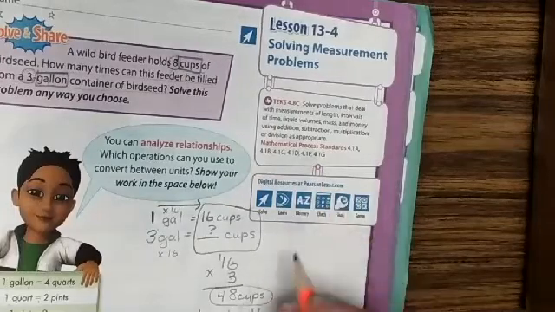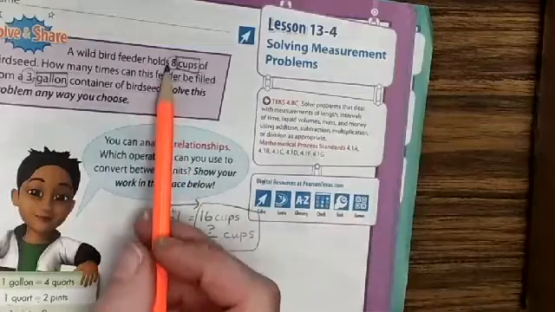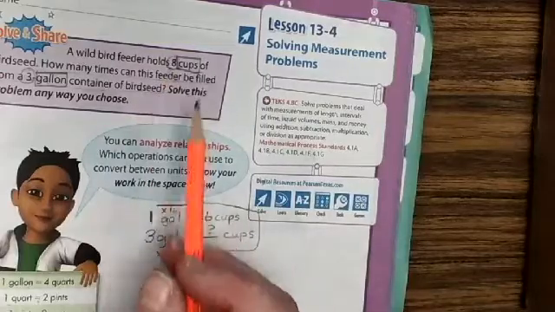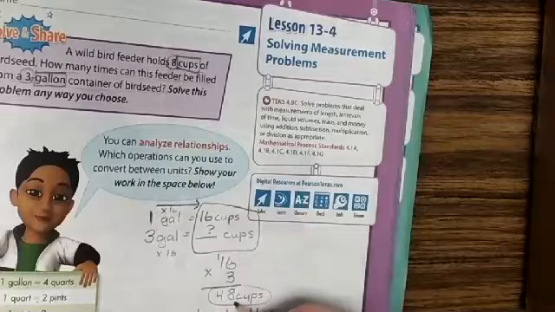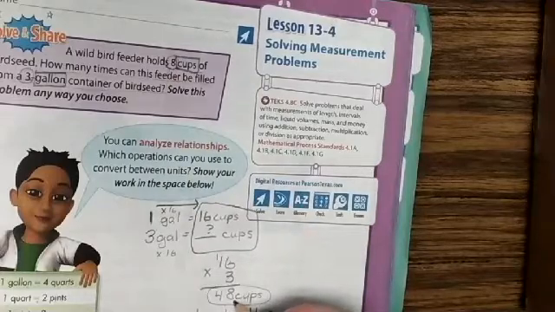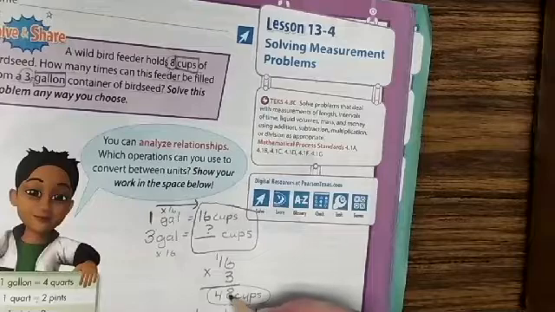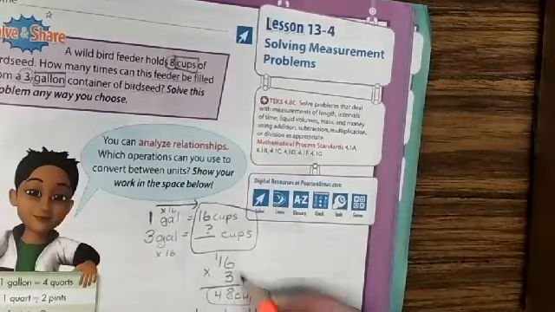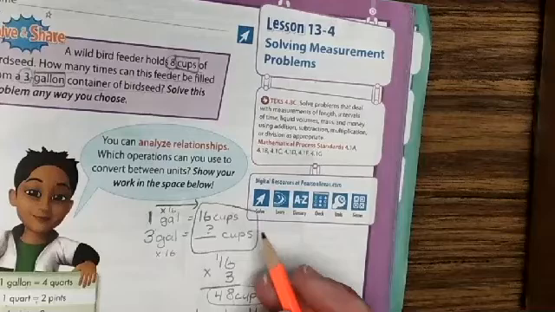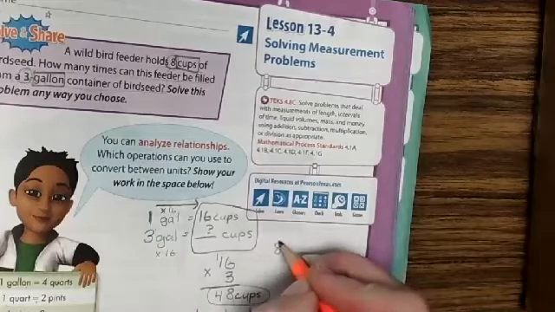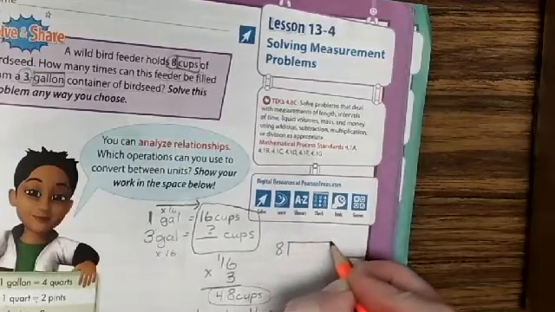I now see that we have 48 cups, but we want to know 8 cups, and that's smaller. We're not going to have more than 48 cups because that's all we have. We have 3 gallons of birdseed. So since our number is not going to get bigger than 48, we're going to have to divide.